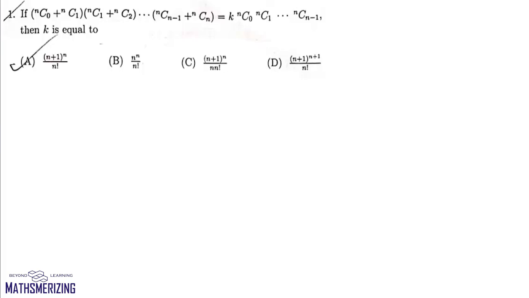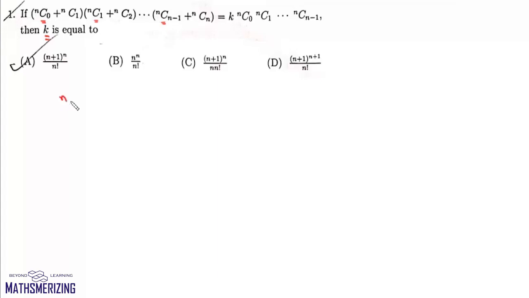Today we'll discuss ISI's 2021 QROR objective paper, and the first question is, if NC0 plus NC1 into NC1 plus NC2 up to NCn-1 plus NCn equals K into NC0, NC1, up to NCn-1, we need to find the value of K. Now on the left hand side, we'll take NC0, NC1, NC2 up to NCn common.